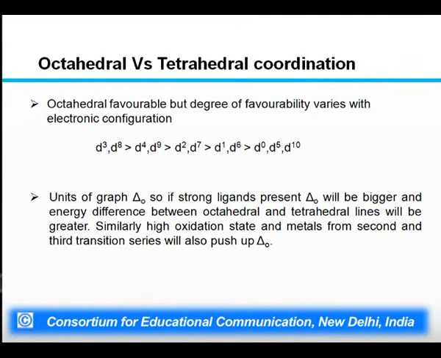Also, if you look at the units of the graph, they are in Δo. So, any factor which increases the value of Δo would increase the chances of an octahedral coordination in comparison to a tetrahedral coordination. These factors which we have studied earlier are: if you have a metal in a higher oxidation state, the difference in CFSE would increase and it would favor the octahedral coordination.